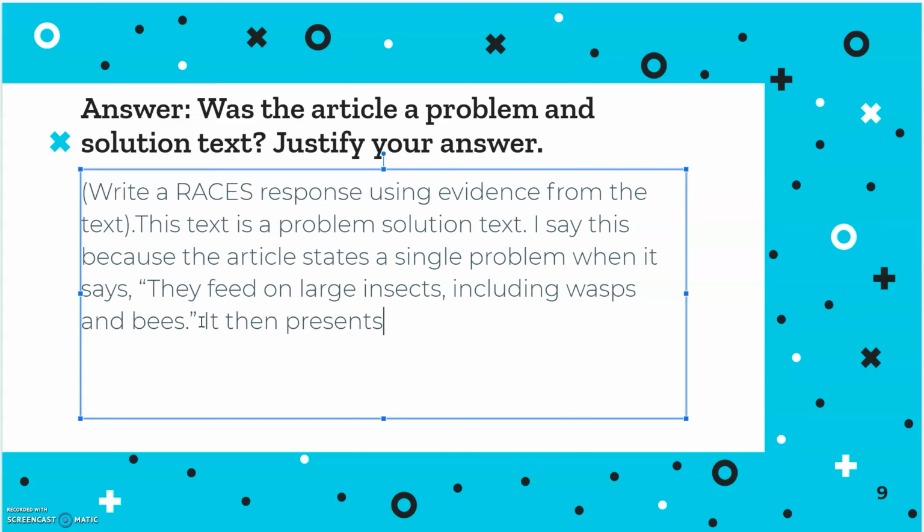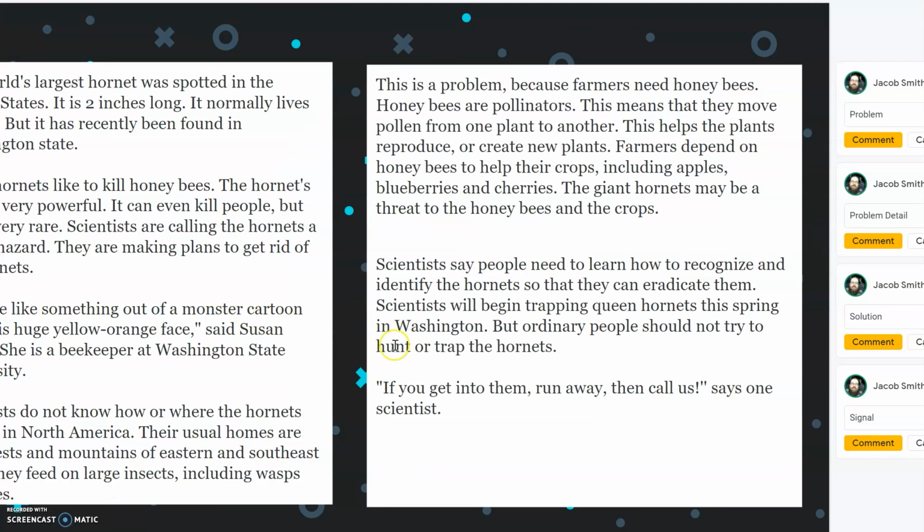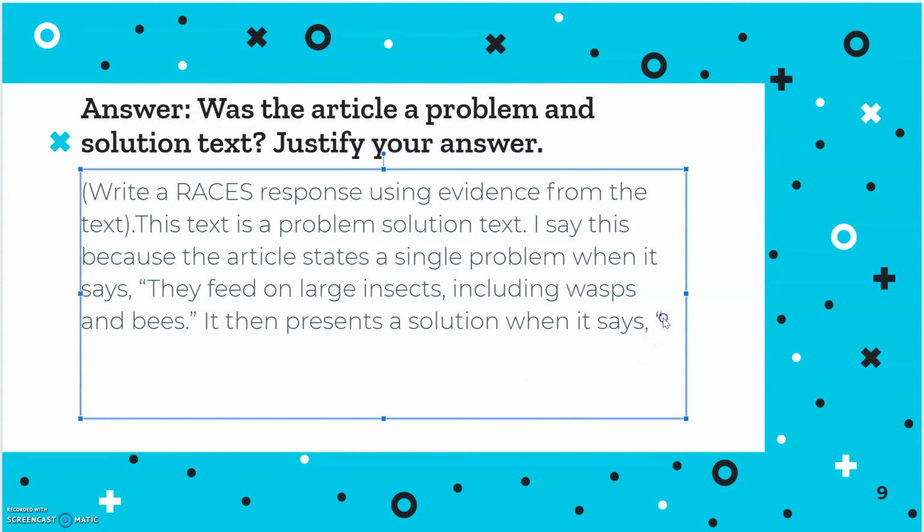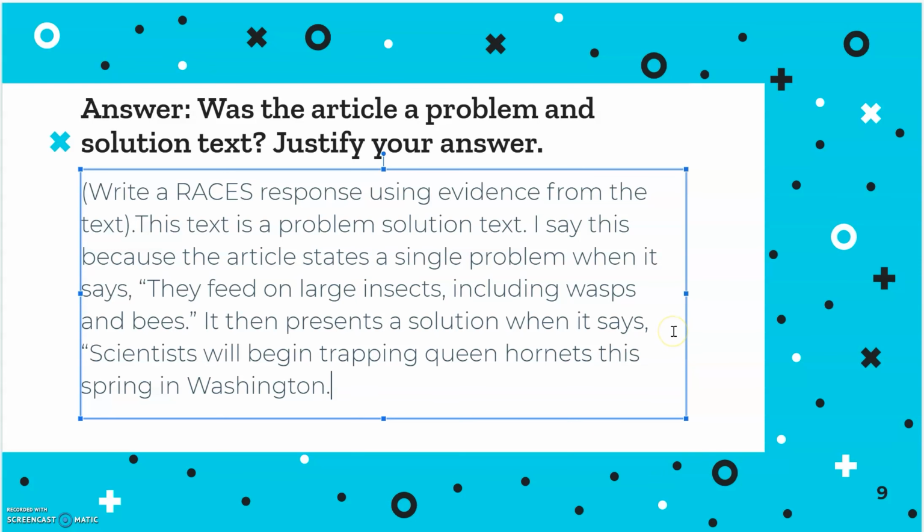It then presents a solution when it says, and remember, we're going to use multiple pieces of evidence in our RACES answers now because we've been practicing that. When it says, there it is, scientists begin trapping the queen hornets this spring, right? And notice I'm putting this, you've got to remember to put your quotation marks around the things you copy and paste from the article.